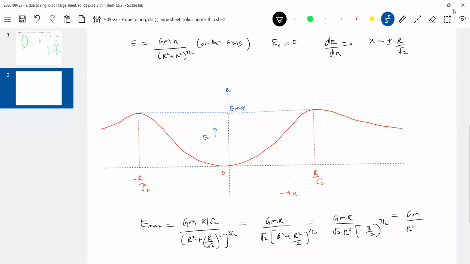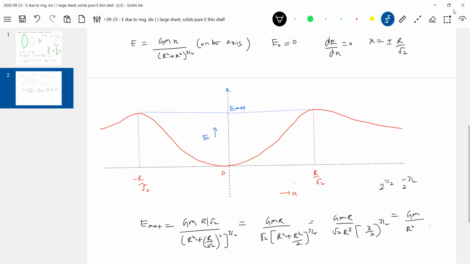This will be 1 by 2 root 3, 3 cube will be there, so 2 to the power of 1 by 2, 2 cube, cube root. Okay, this will be 27.